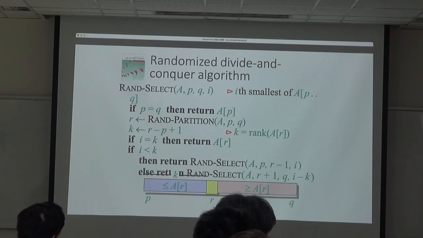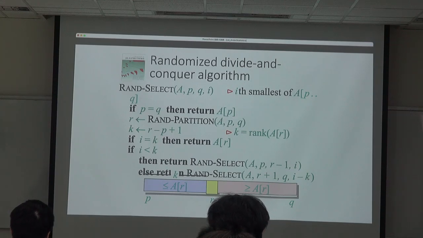We just want to make sure the pivot is not necessarily the first number, because we want to randomize the partition. Then we do the partition as usual, just like in quicksort.